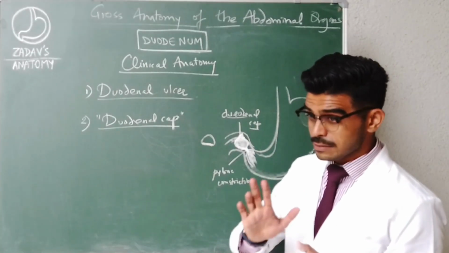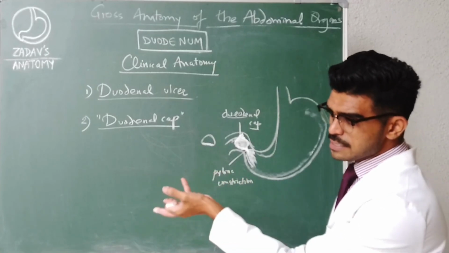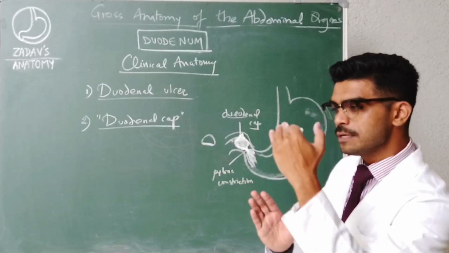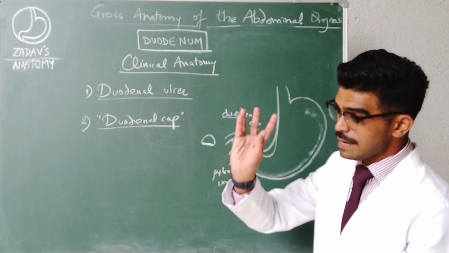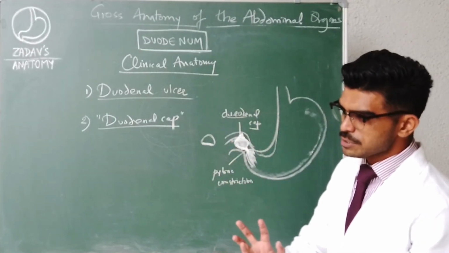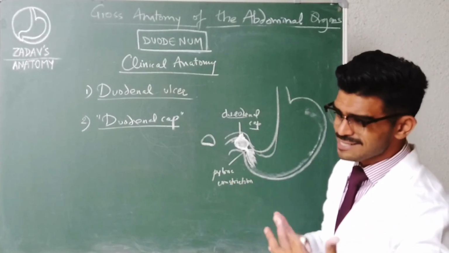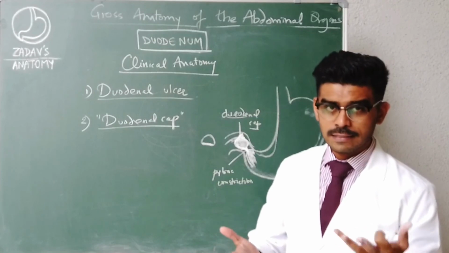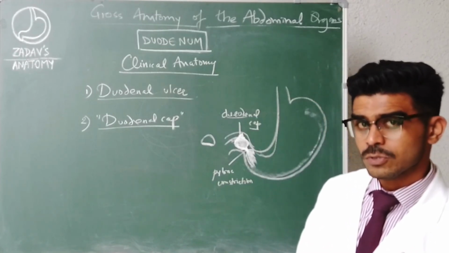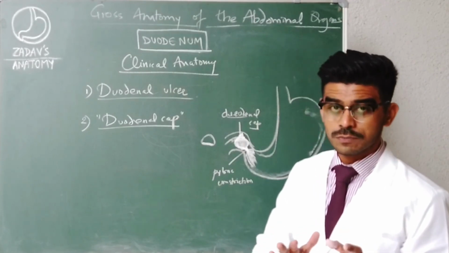However, the third part of the duodenum, which as you saw in the relations, is sandwiched between the superior mesenteric artery anteriorly and the descending abdominal aorta posteriorly, can sometimes be sandwiched between both of these in case of a trauma, and that makes the third part of the duodenum the most prone to injury. It also makes it most prone to obstruction.